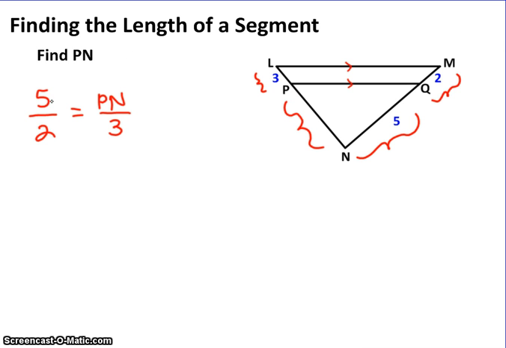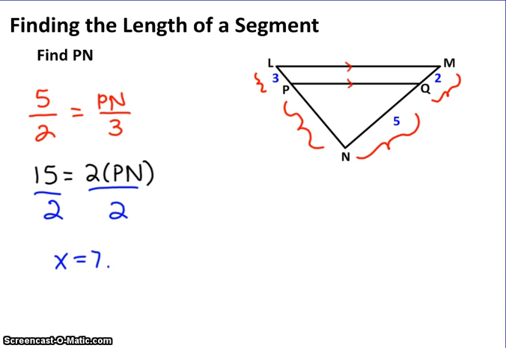By cross multiplying, 5 times 3 is 15, and 2 times PN is 2PN. Then I'm going to divide both sides by 2. 15 over 2, you could leave it as the fraction, or you could say 7.5. Well, I shouldn't write x, I should write PN here. PN is 7.5.